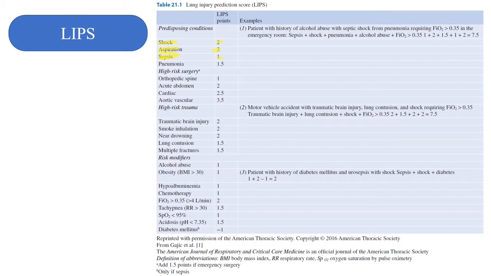Other factors include pneumonia, high risk surgery, either abdominal, cardiac, or aortic surgery, high risk trauma, traumatic brain injury, smoke inhalation, near drowning, lung contusion, and multiple fractures. Every factor has points, and these points are added together to give a score. The higher the score, the higher the incidence of development of ARDS.